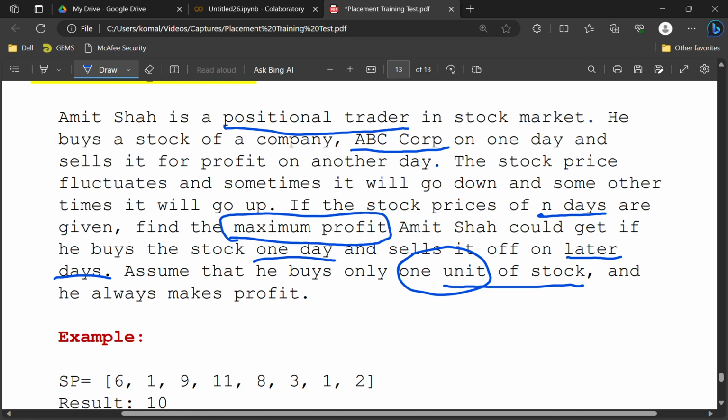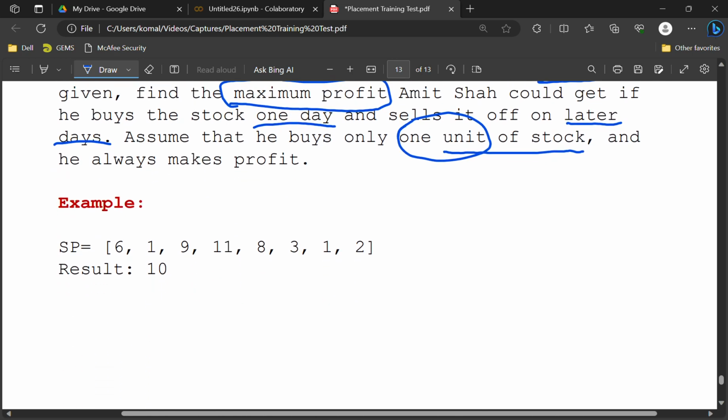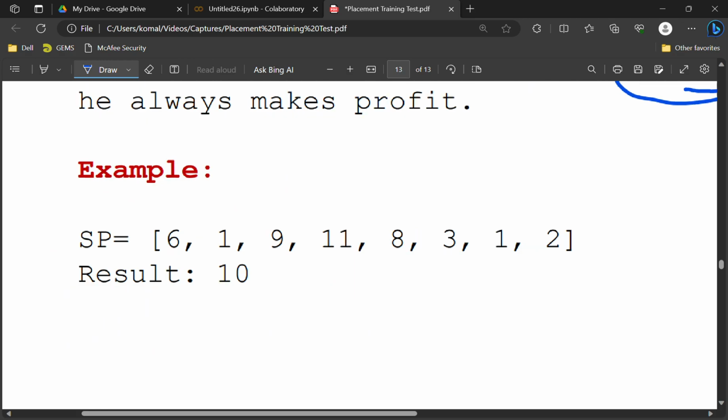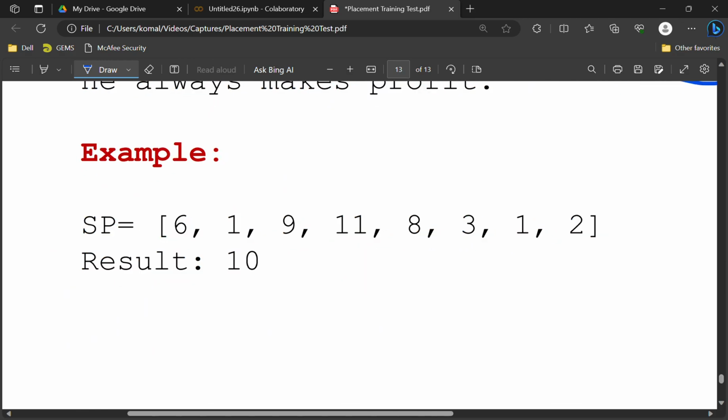Let us understand it further through an example. The stock prices of how many days are given here? 8 days are given, so n equals 8. 6 on first day, 1 on second day, 9 on third day, 11 on fourth day, and so on.